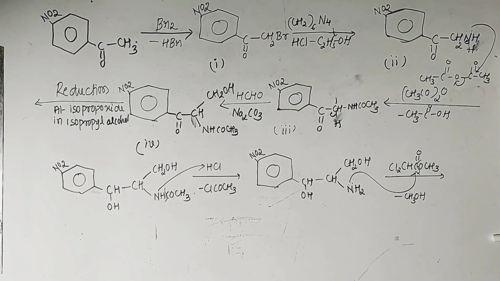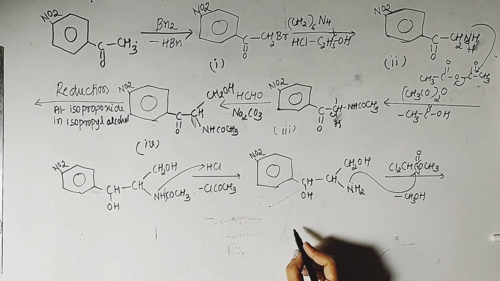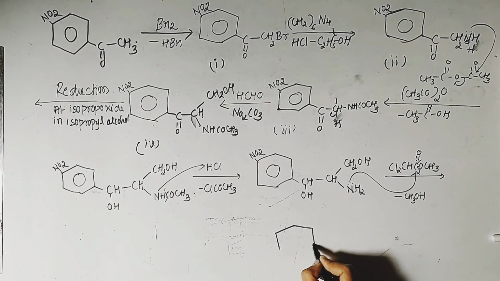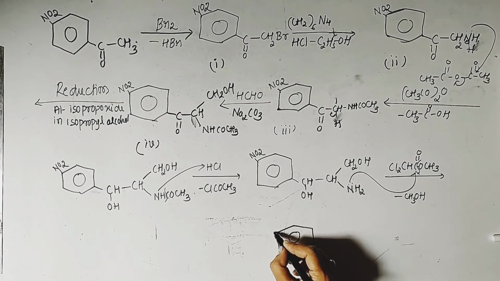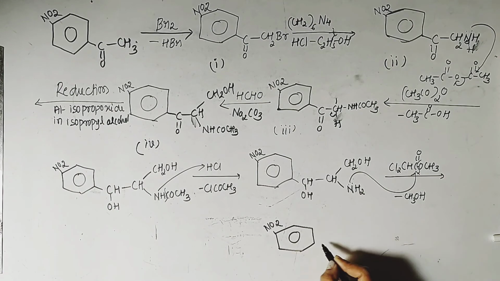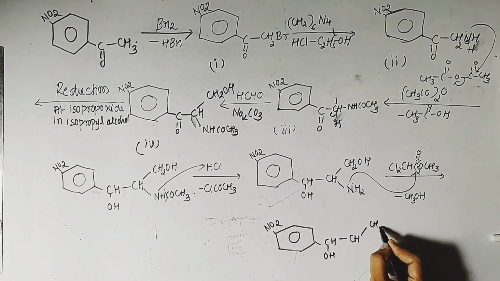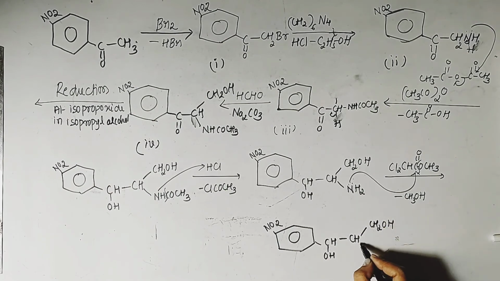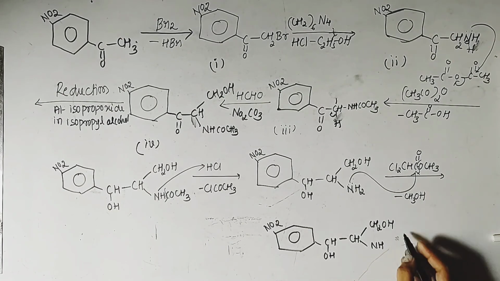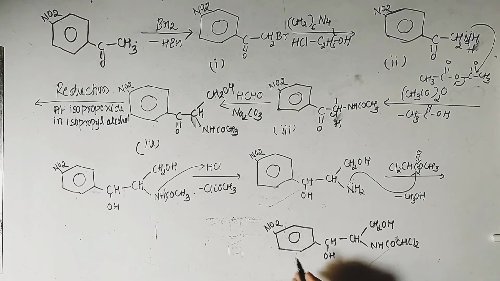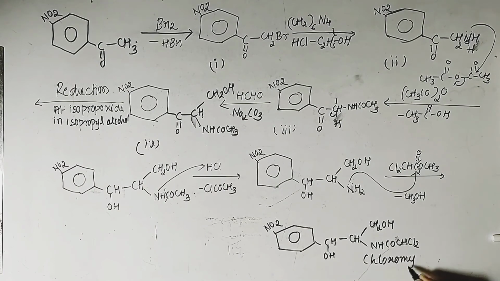And now we will move towards our final product, that is NO2 this side, and this is CHOH, CH2OH, and here NH CO CHCl2. This is nothing but our chloramphenicol.